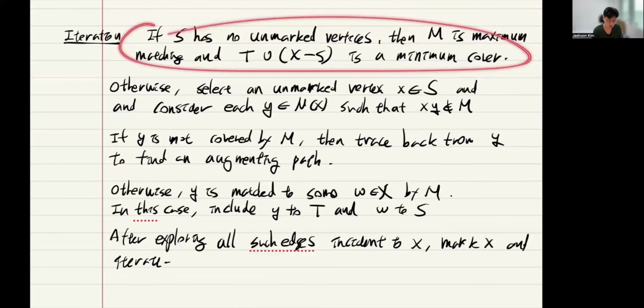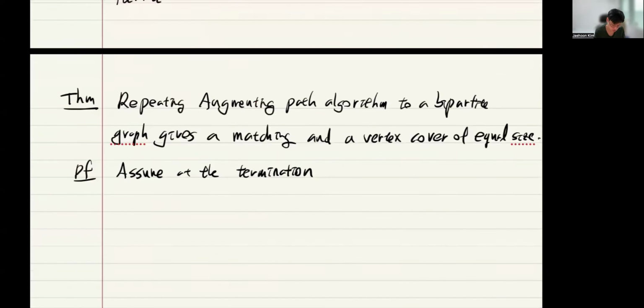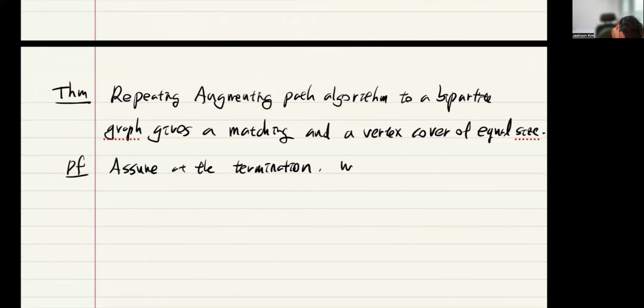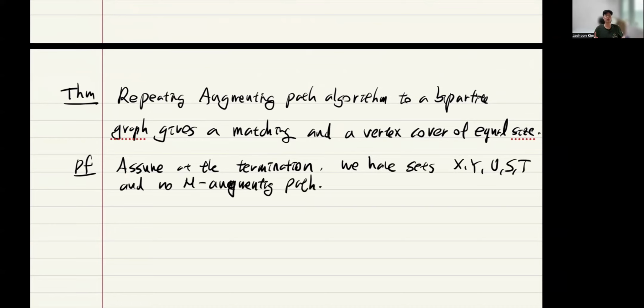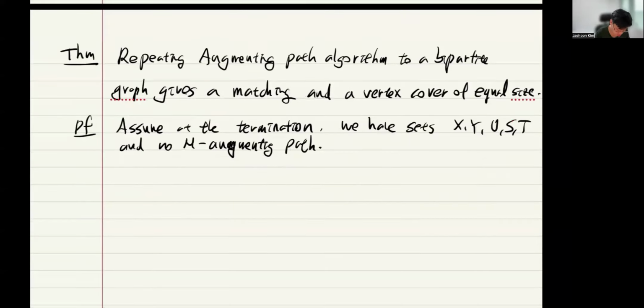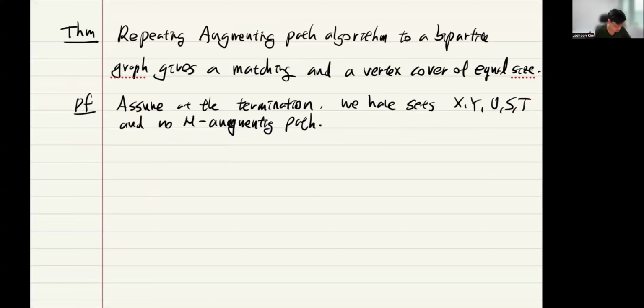Assume at the termination, we have the sets X, Y, S, T and no M augmenting path. Of course, if we find an M augmenting path, we take the symmetric difference: we delete the edges of M on the augmenting path and add the edges of the path not belonging to M, and we get a bigger matching.